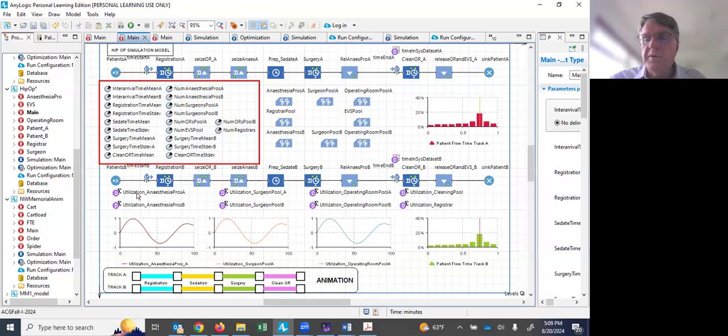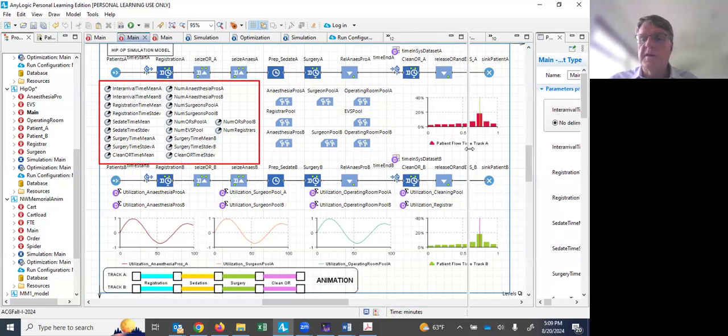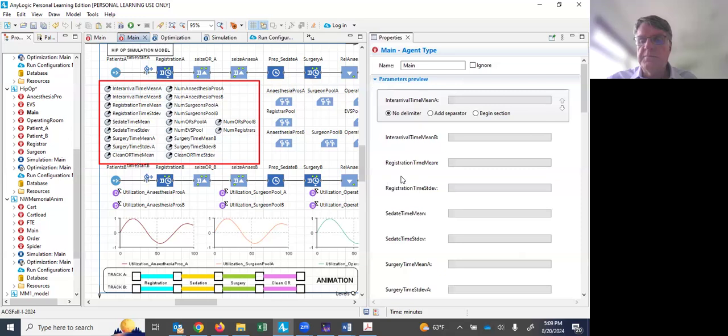One other thing to note is that in the base case, we have a day that is 600 minutes long. These free versions of the software are cut off at 50,000 agents. That's just not going to be important here because we're only going to have 6 patients flying through the system.